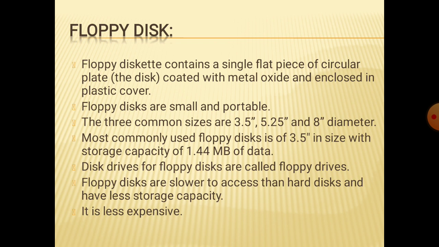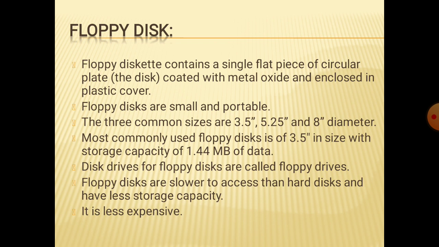Your floppy disks are slower to access than your hard disk and have less storage capacity. You cannot compare a floppy disk and a hard disk, because a hard disk starts from 100, 150, 260, 500, 520 GB, 1 terabyte, and more than that capacity will be there. Whereas a floppy disk is just 1.44 MB, or up to 20 to 30 MB you can increase, with a max of 100 to 250.